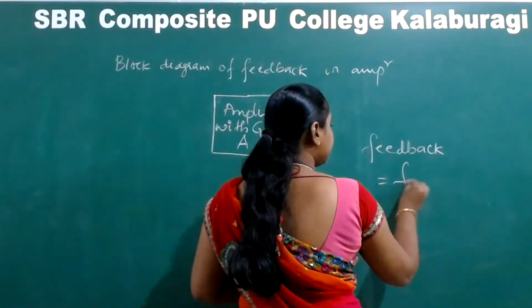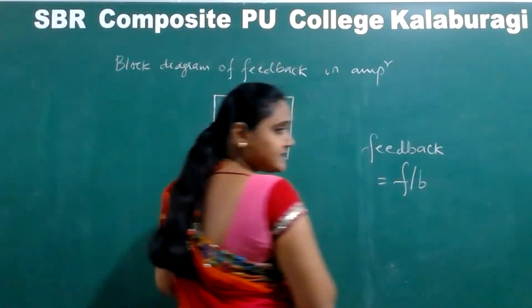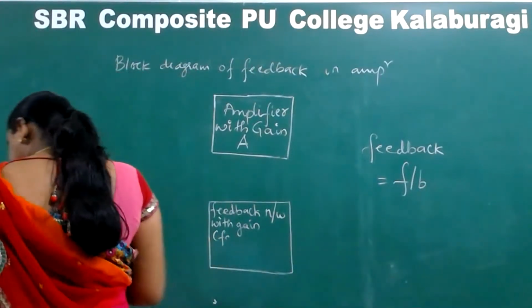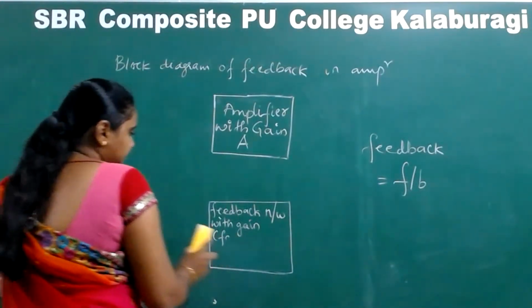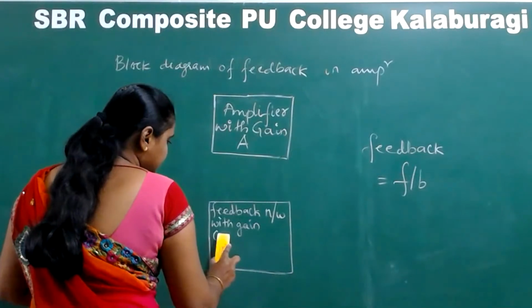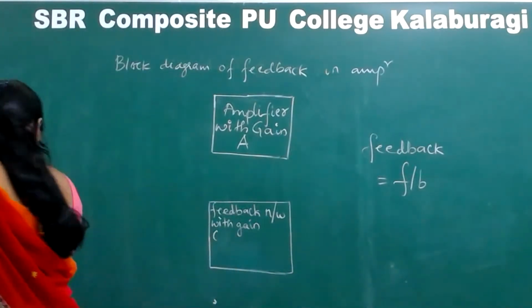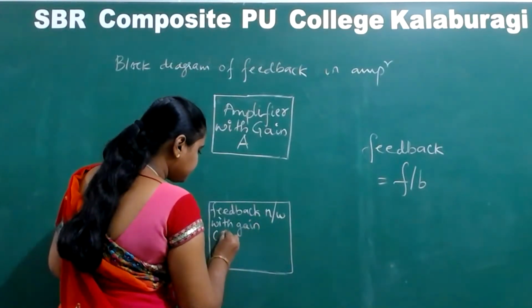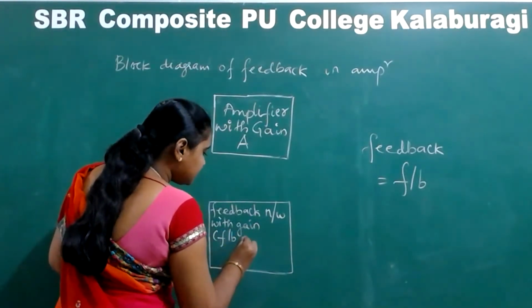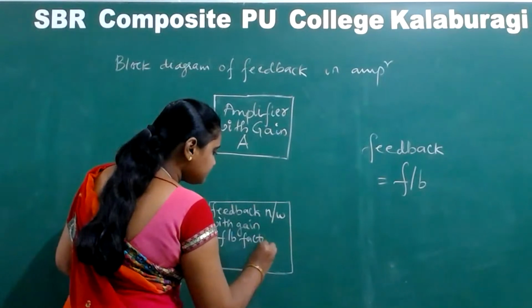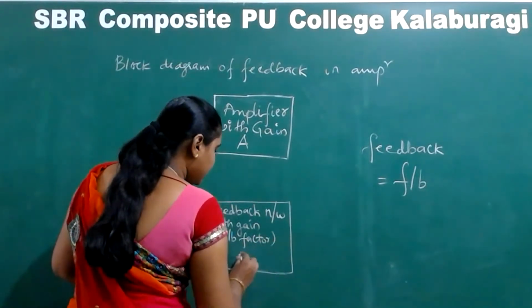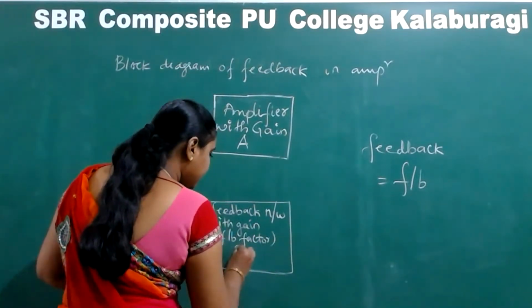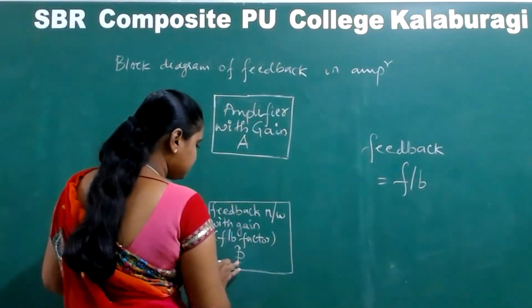I will represent the feedback network like this in the block diagram. Feedback network with gain or feedback factor. The feedback factor is denoted by beta.